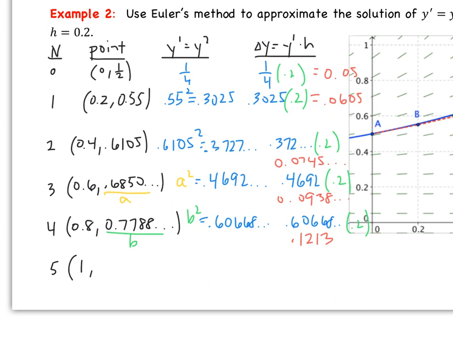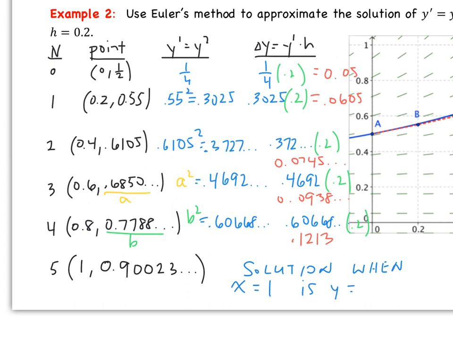And our final approximation for y is that b value plus that 0.1213, etc. And so we get 0.90023, continuing. Okay, so our approximation, the way we would state it is our solution when x equals 1 is y equals 0.90023.